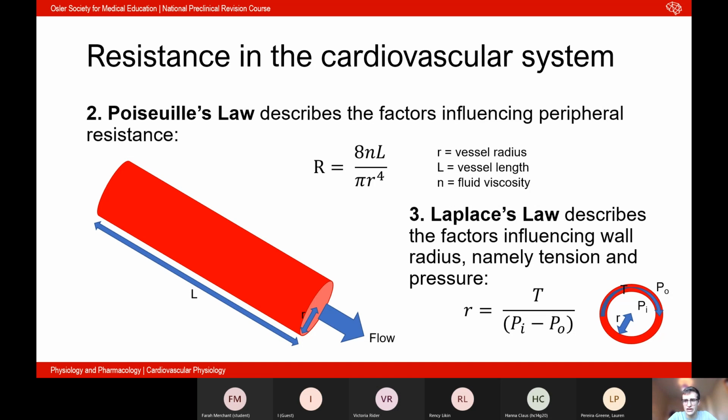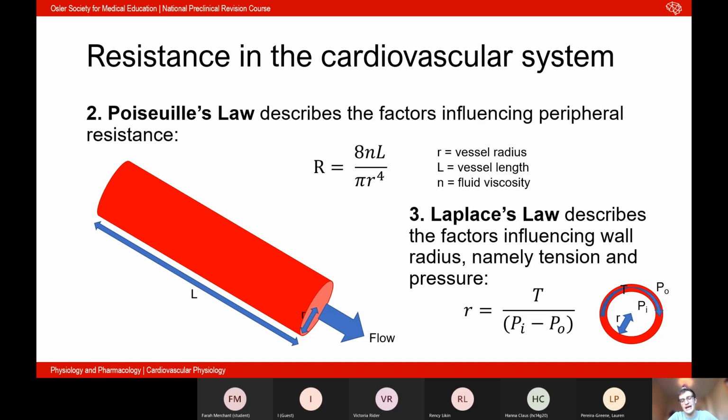The only reason I've included this is to point out two things to you. T, tension, is modulated by the contraction of smooth muscle within the vessel wall, so we can modify that.